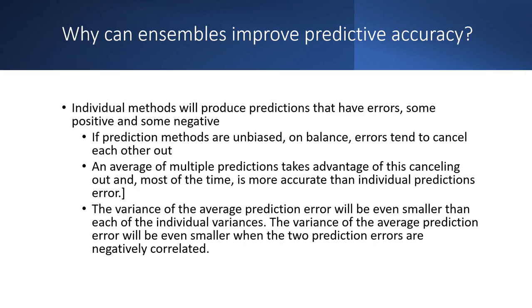The variance of the prediction errors can be lower than each of the individual variances in some cases, and the key is to look at the covariance between the two prediction errors. The variance of the average prediction error will be smaller than each of the individual variances, and it gets even smaller still if the prediction errors are negatively correlated.